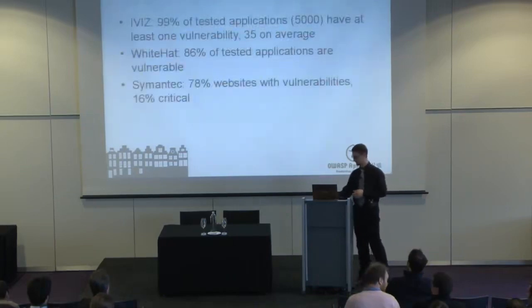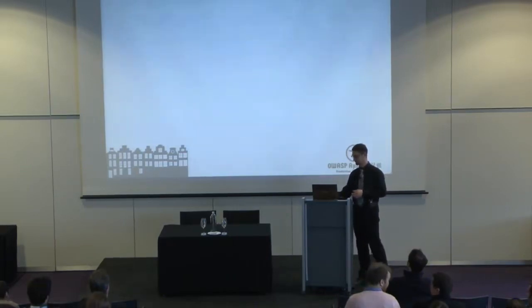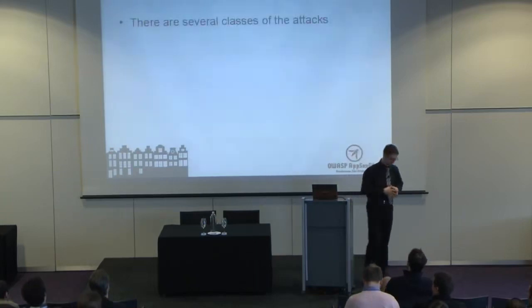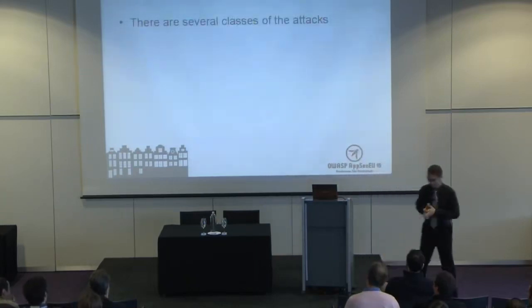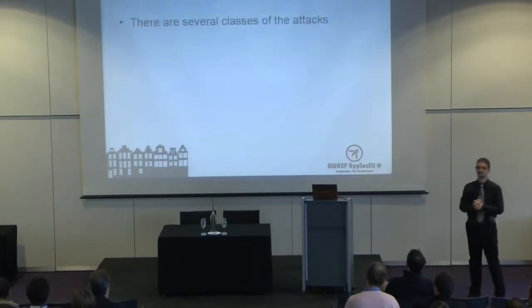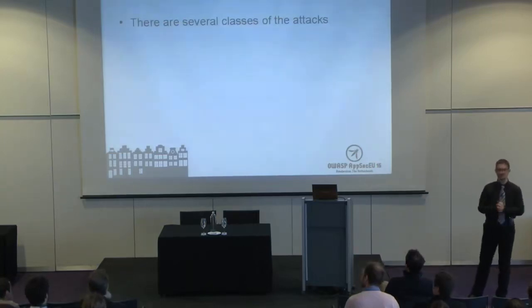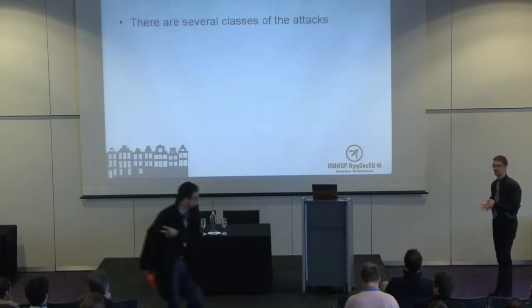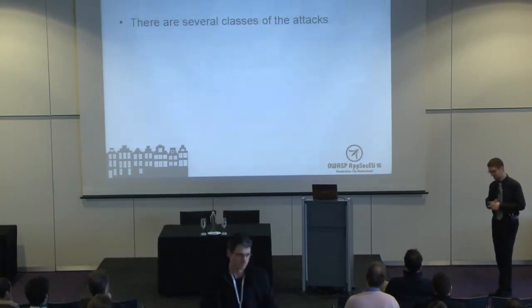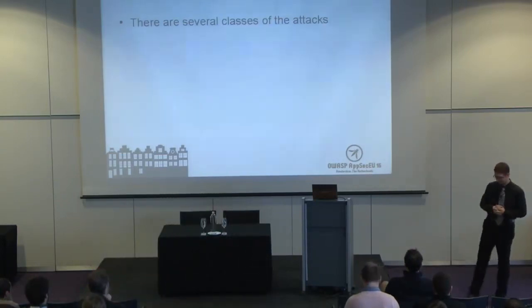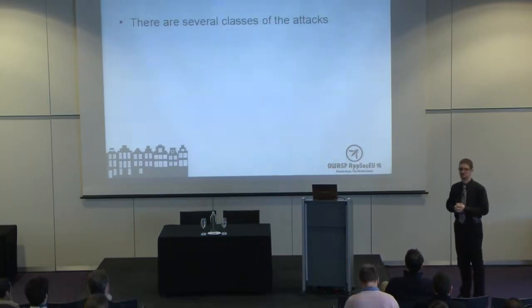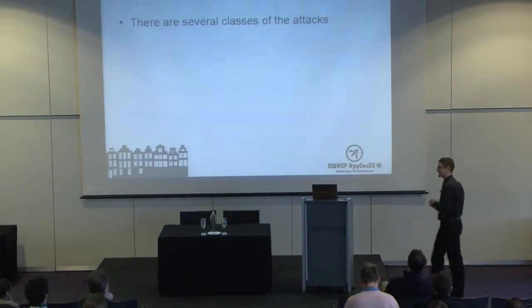So what I'm going to discuss is a method that I have developed to identify certain class of attacks. Of course, we all know that cross-site scripting is probably the most widely spread vulnerability of the websites, but that's not all. So I'm not going to talk about XSS here.